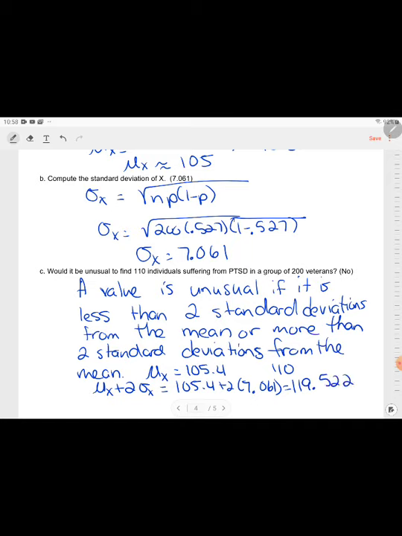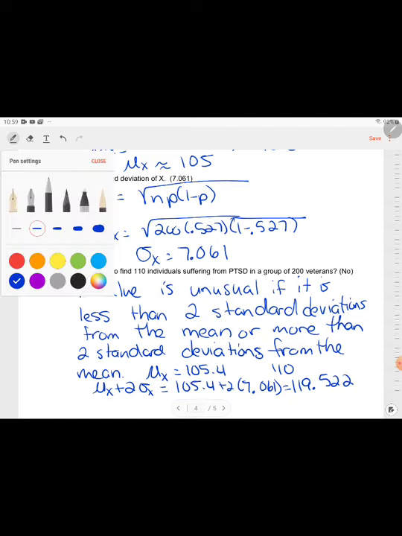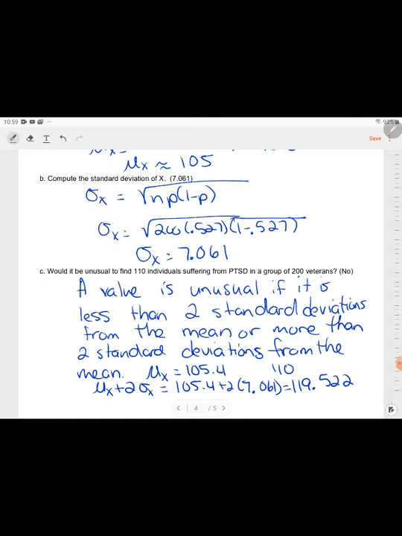Okay, so in this case, 110 is less than this. So it's not unusual. To be unusual, we'd have to get 120 or more.